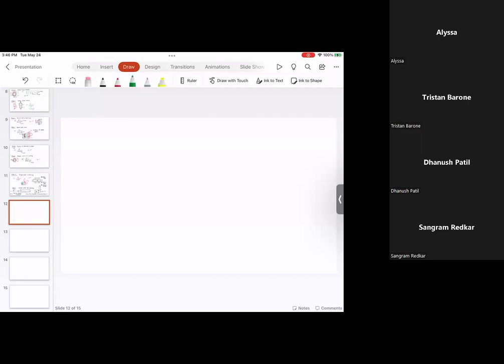Okay, so in this last part, we are going to talk about the design of knuckle joint.